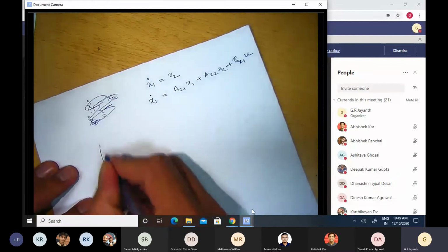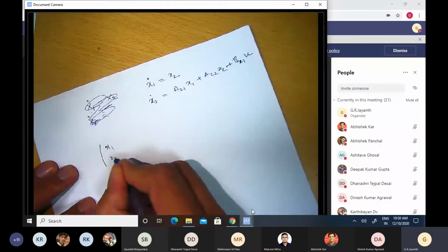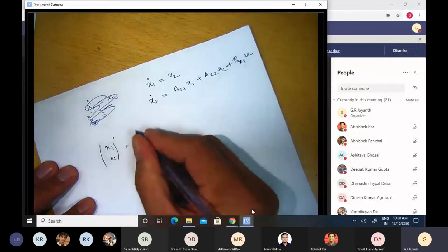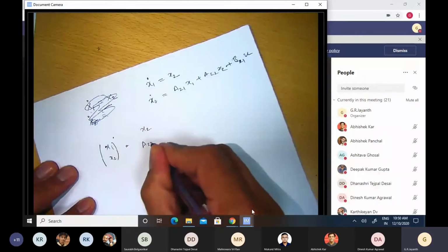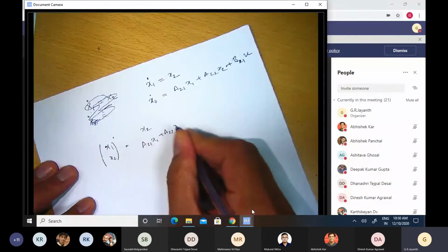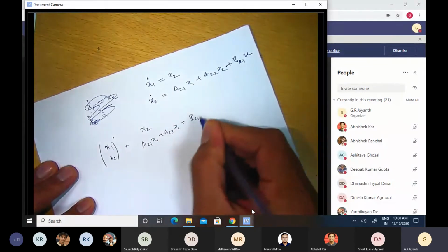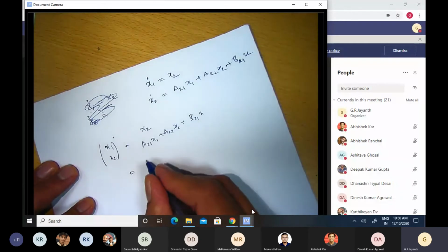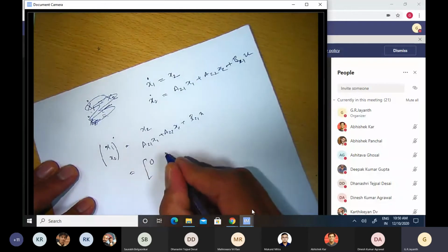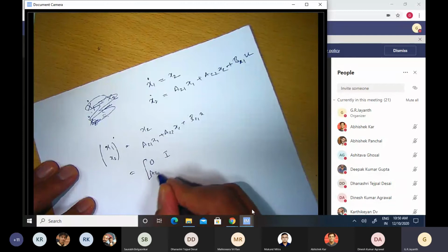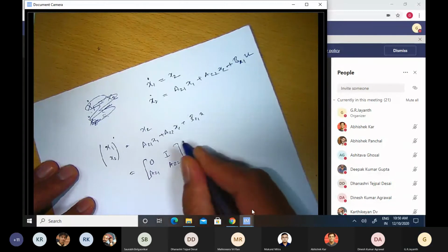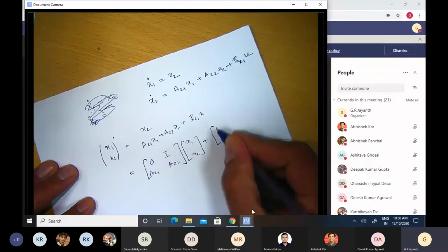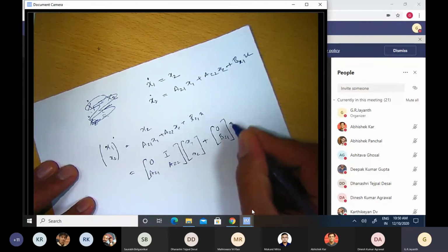I put x1 and x2 together so that I get a first order differential equation, and write it in the form of a matrix: x1 dot, x2 dot equals the matrix [0 I; a21 a22] times x1, x2, plus [0; b21] u.